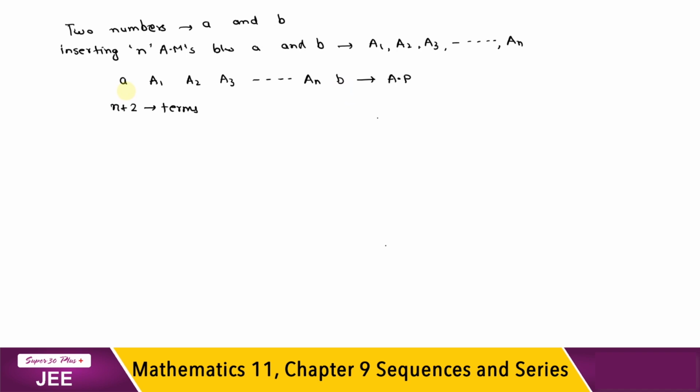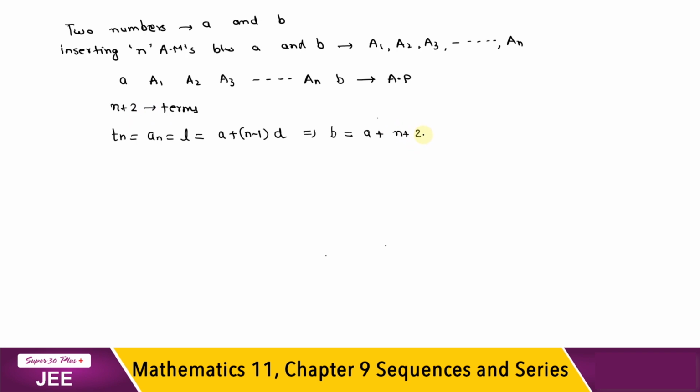According to the formula of last term, Tn or An or L is equal to A plus (n minus 1) into D, where D is the common difference. Now since the last term is B, we can write B equals first term A plus, in place of n we will substitute n plus 2.